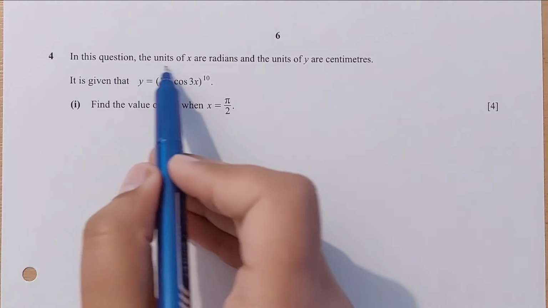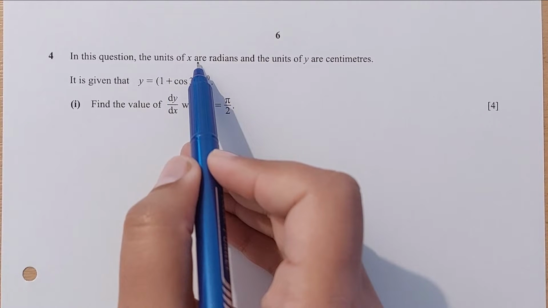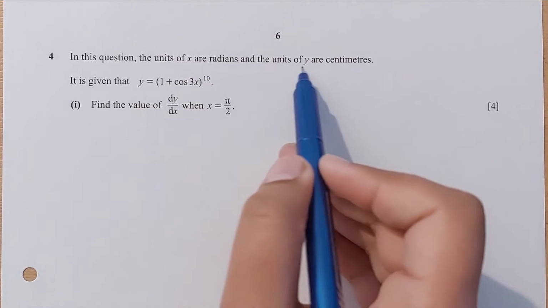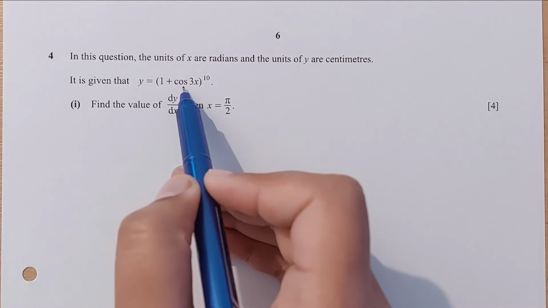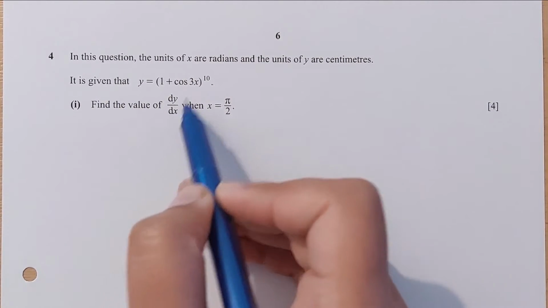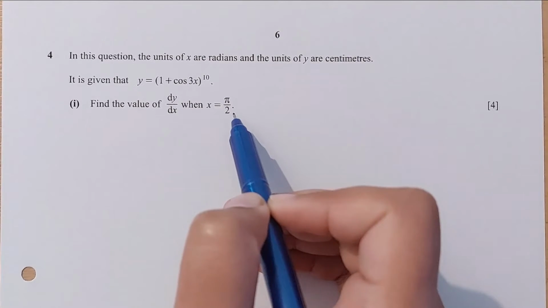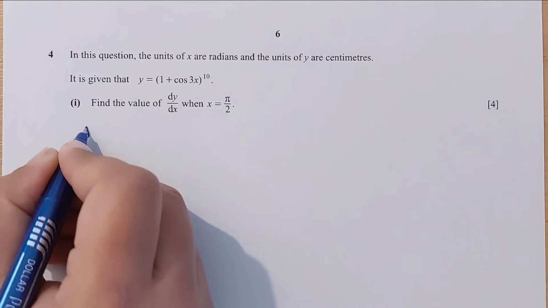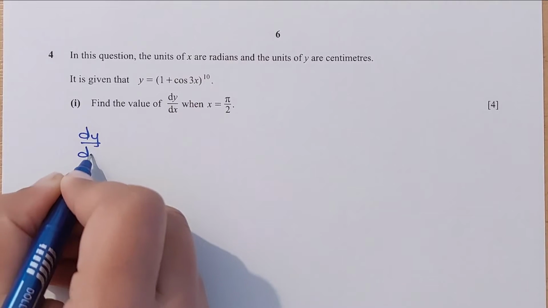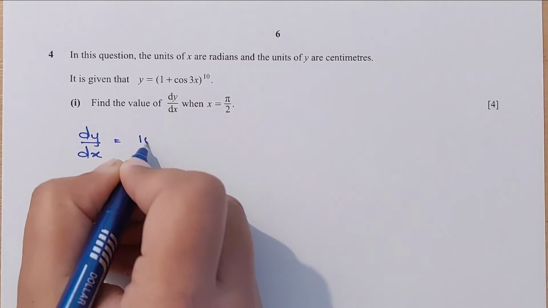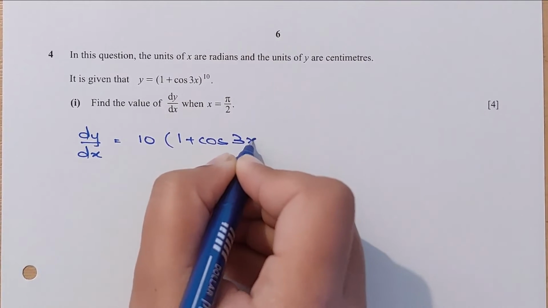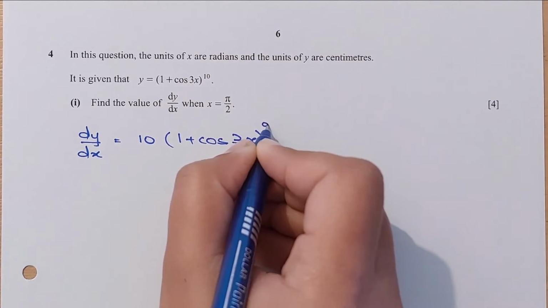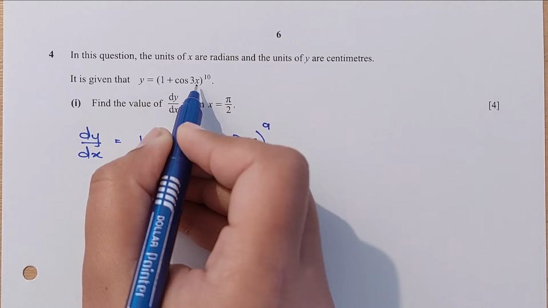Question number 4. In this question, the units of x are radians and the units of y are centimeters. It is given that y equals this. Part 1: find the value of dy by dx at x equals pi by 2. For dy by dx, we have to use the power rule. So we have 10, 1 plus cos 3x, its power is 10 minus 1, that is 9, and the derivative of 1 plus cos 3x.